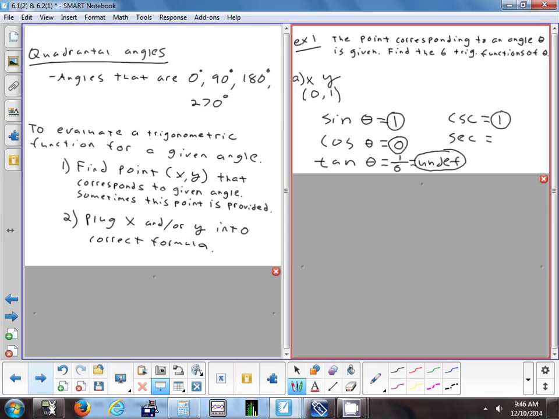And what's the reciprocal of 0? 1 over 0, which is what? Undefined. And cotangent. Yep. The cotangent, what you get when you flip undefined, or really 1 over 0, is 0 over 1, which is 0.